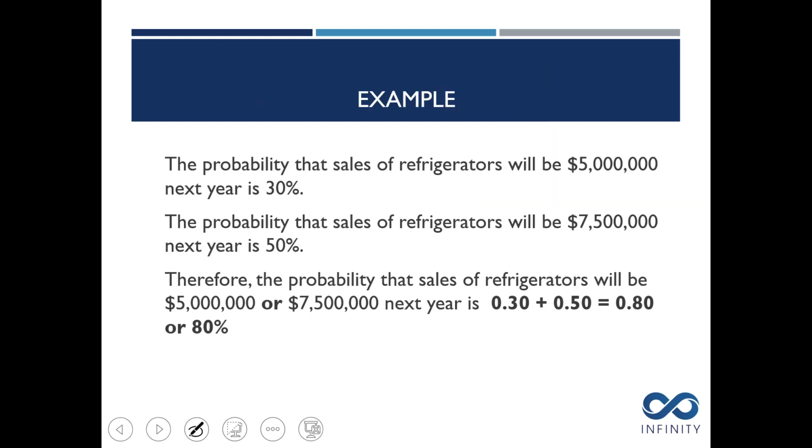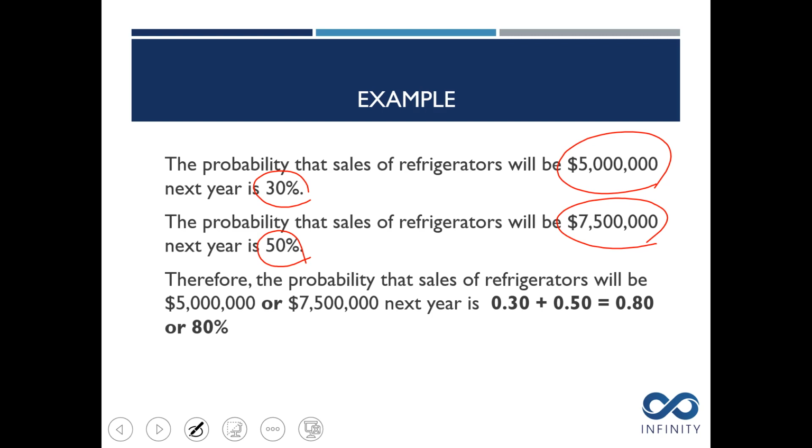You can see a business example here. There is a 30% probability that the sales of refrigerators will be 5 million next year, and there is a 50% probability that sales of refrigerators will be 7.5 million next year.